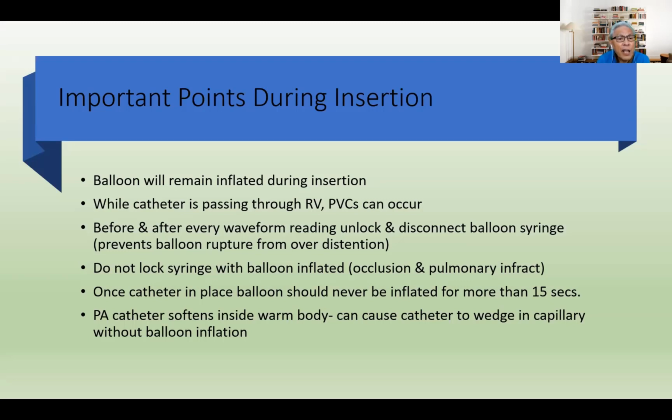Now, before and after every waveform reading, make sure that you unlock and disconnect the balloon syringe, as this will prevent balloon rupture or over distension. Never lock the syringe with balloon inflated, because this could cause pulmonary infarction and occlusion of the pulmonary artery tributary.